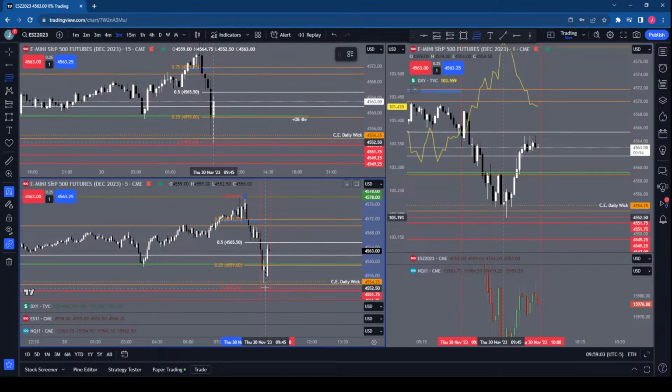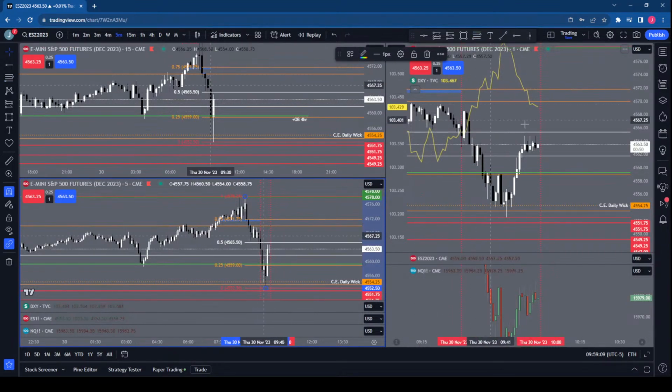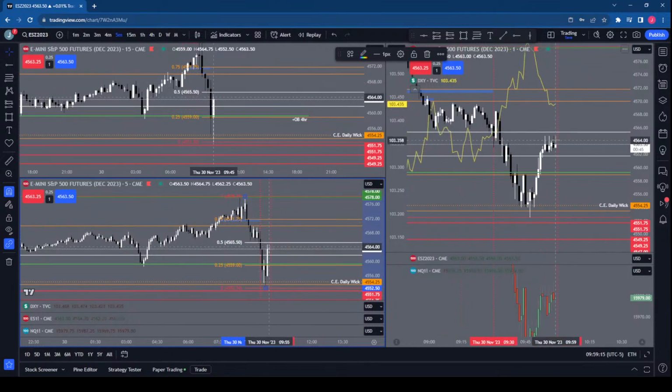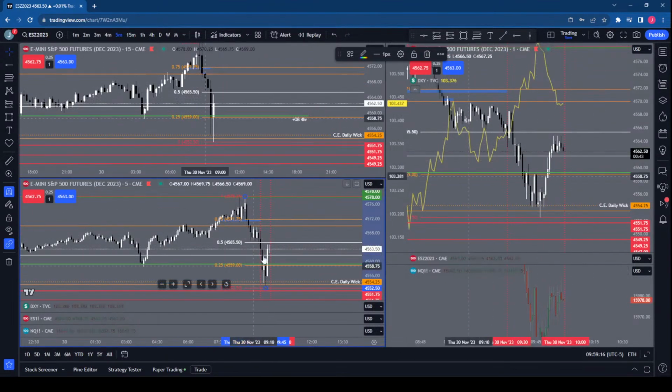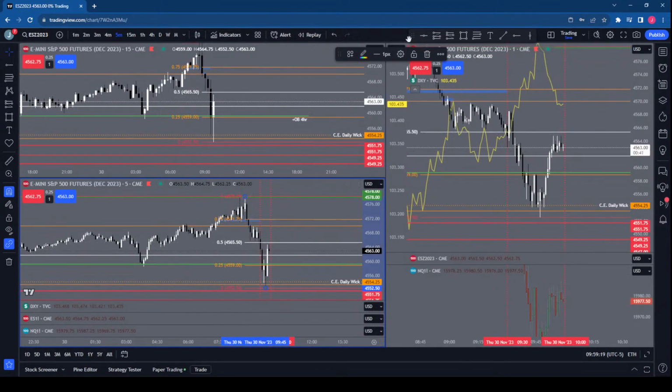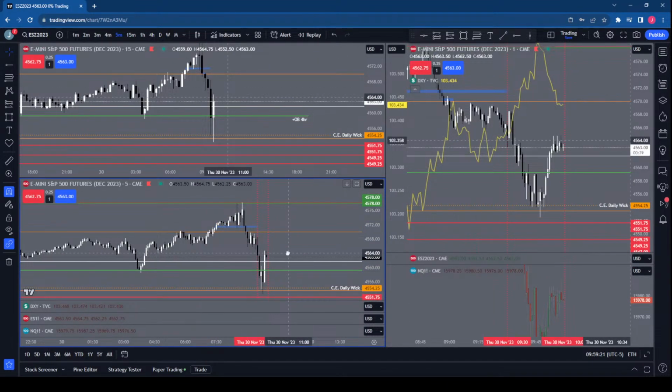And another thing that's hard for markets that aren't trending is getting up right here. If we knew we were trending down, it would be like a great place to short. But we're not trending.